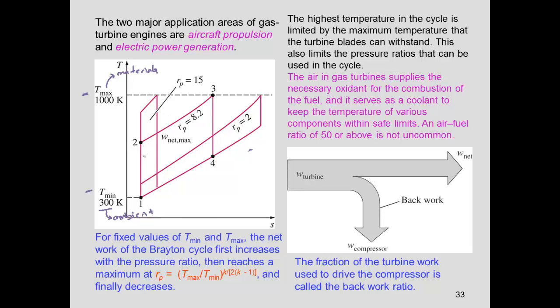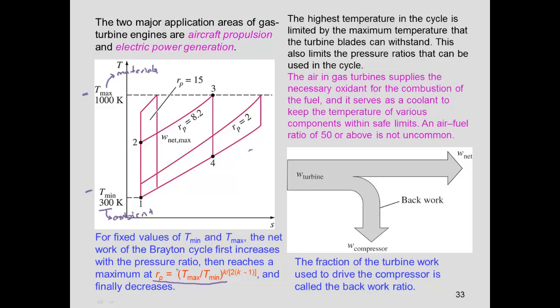Then we're going to see that if we have a very low pressure ratio, our area is small. As we increase the pressure ratio, the area which represents the net work increases, and then if we keep increasing the pressure ratio, it's going to decrease again. So the maximum for any two given temperatures will be at this expression.